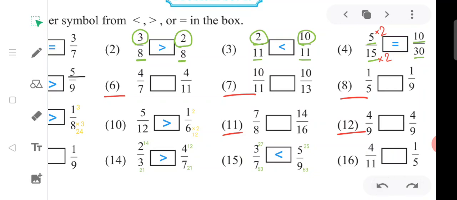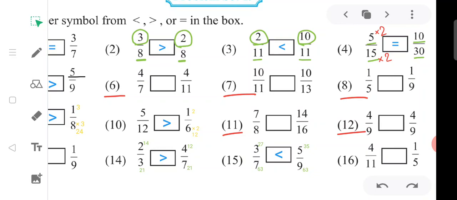See here 4 upon 11 and 1 upon 5. So again here we have to convert them into like fractions. So see, we have to find the common multiple of 11 and 5. Common multiple of 11 and 5 is 55. So how do we get 55 from 11?